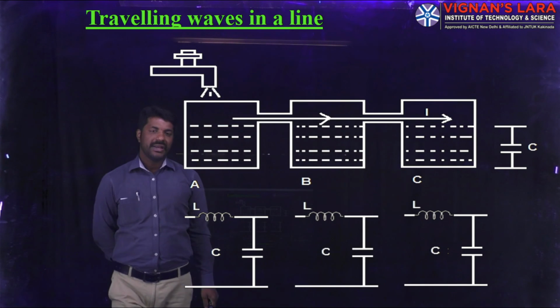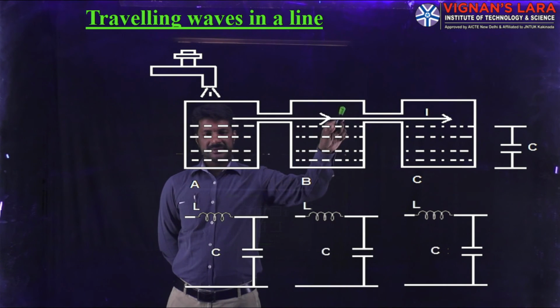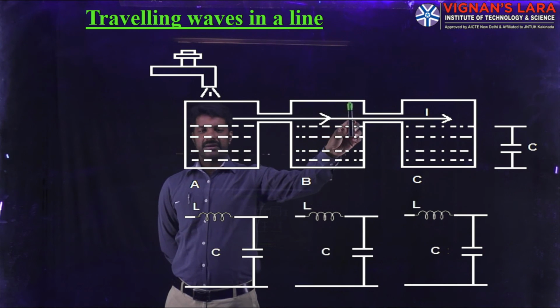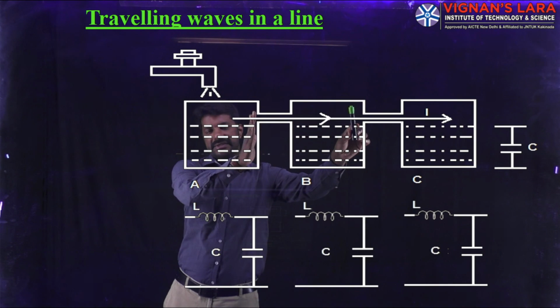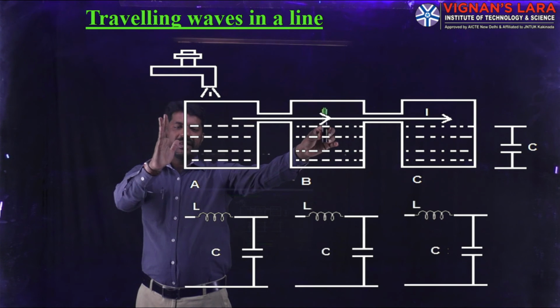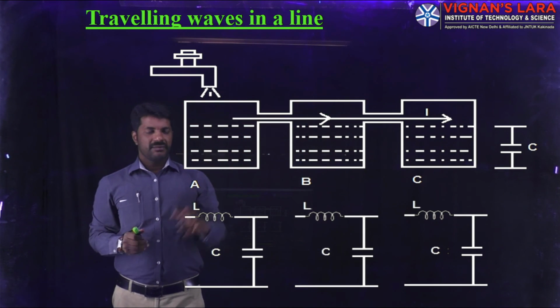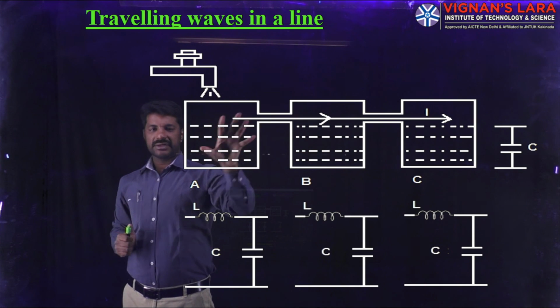Whenever there is an obstacle at one point of the tank during the filling of water, if I keep an obstacle here without allowing the water, then you can observe that the water will come back, right? So the movement of the water comes back at any instant. If you calculate the volume of that water, it will be the sum of the entered water and returned water altogether.